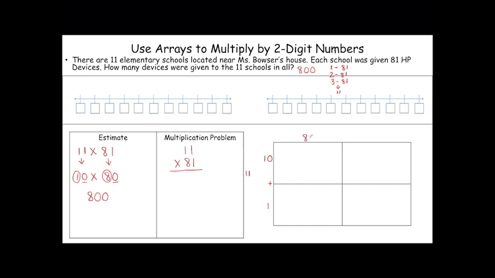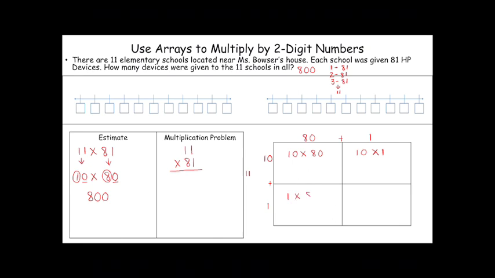Then I have 80 plus 1, and 80 plus 1 is 81. Now I'll pair them together. 10 times 80 and 10 times 1. Now I'm finished with the 10, and now I'm at the 1.